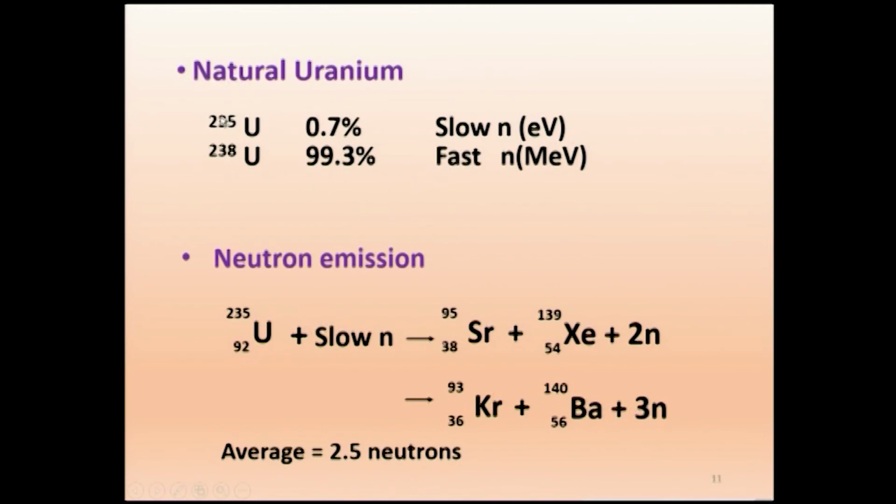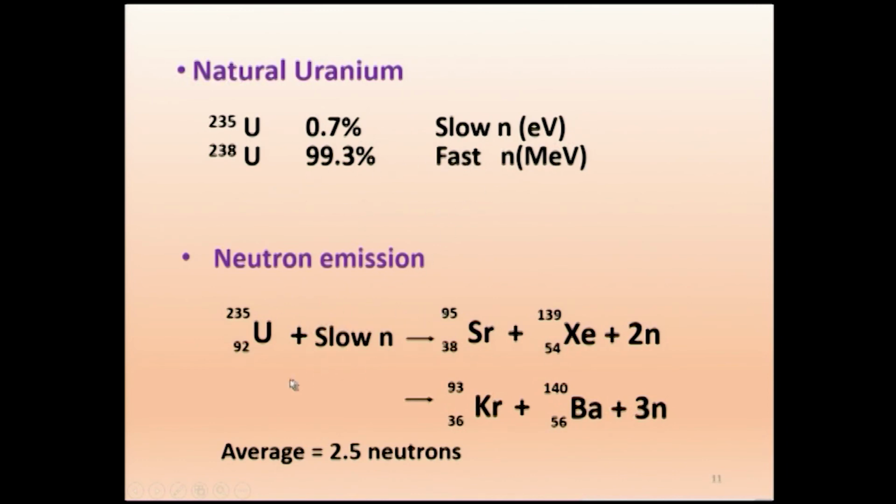Uranium 235 requires slow neutrons, in eV. Uranium 238 requires fast neutrons, in MeV energy. What you remember is 235 requires slow neutrons, 238 requires fast neutrons.